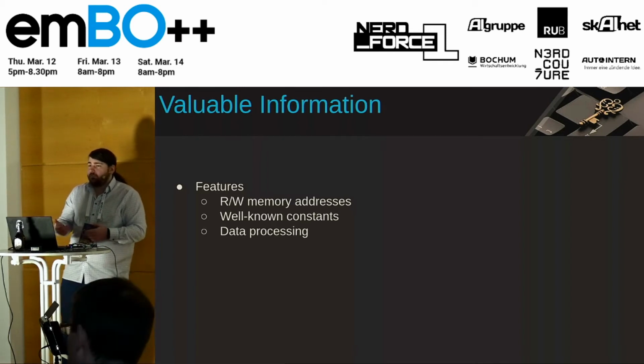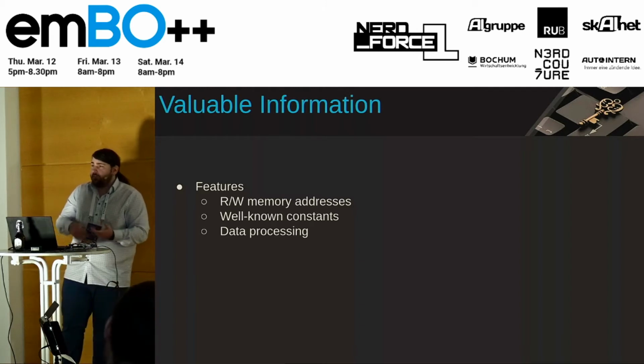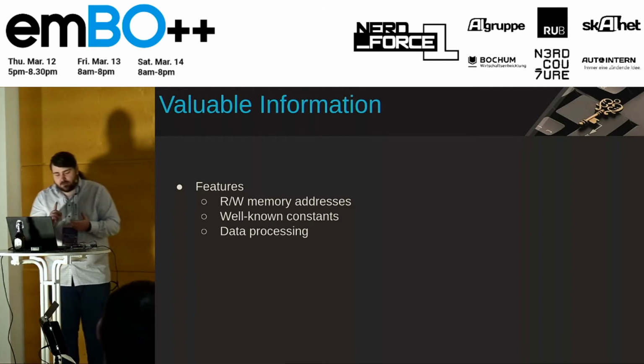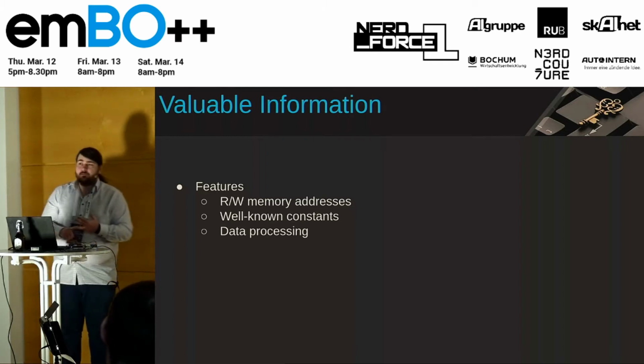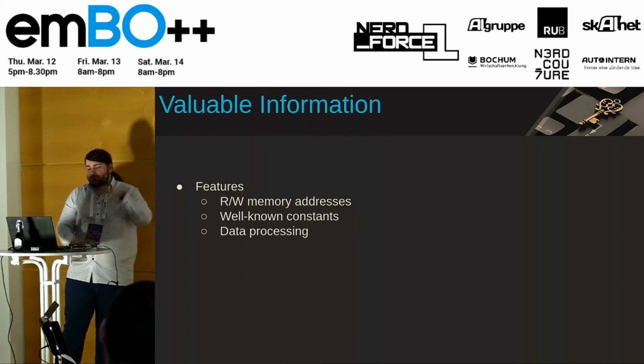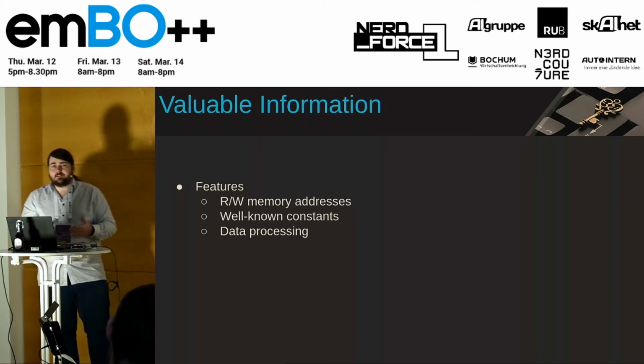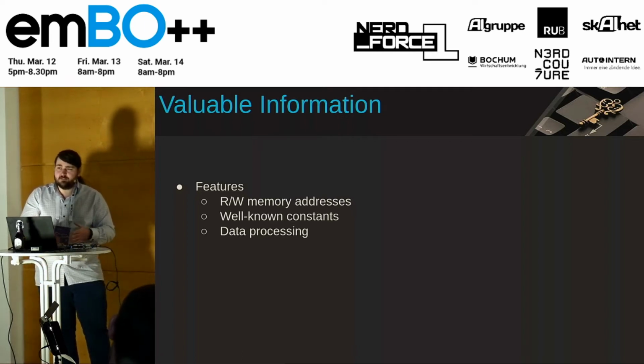But well-known constants can also be something like AES boxes or hash initialization vectors. And you're also looking for data processing. For example, if you have a stream of a lot of XORs, this is most likely cryptographic code. And then you can gather, okay, this is more probably this kind of algorithm, so you can continue on from there.